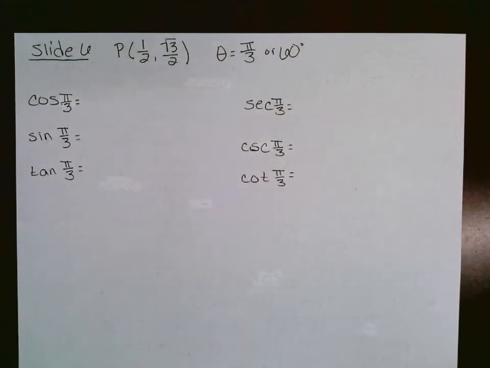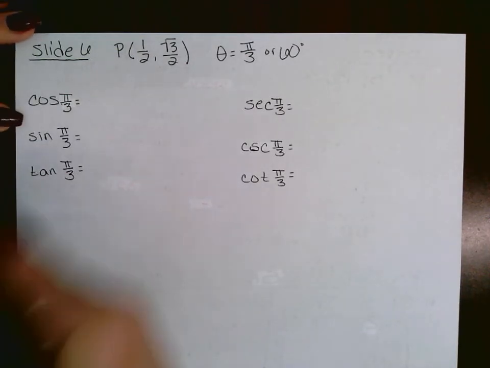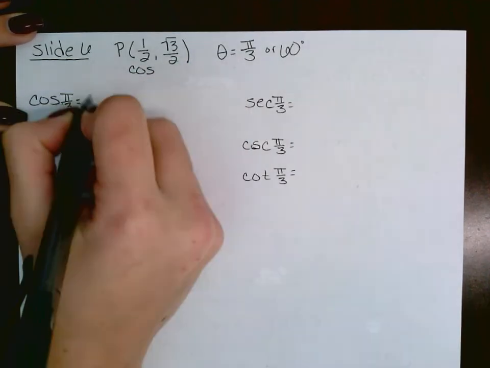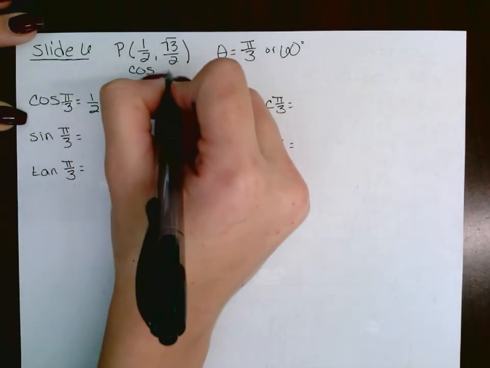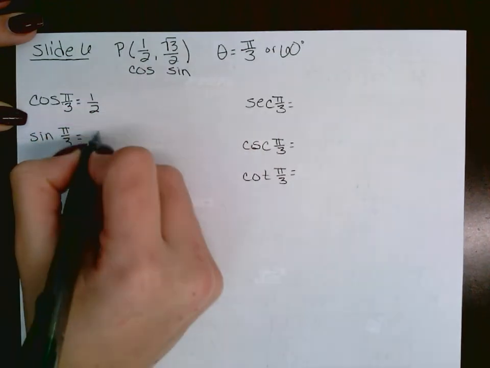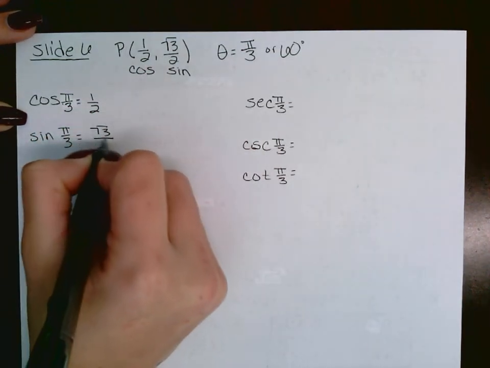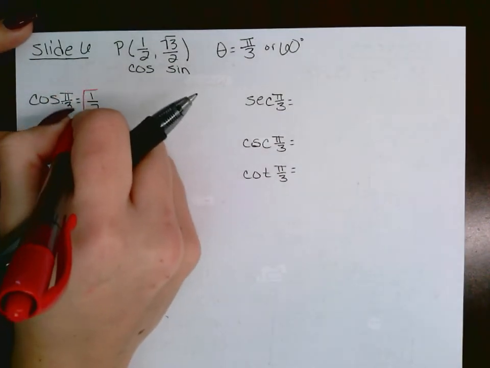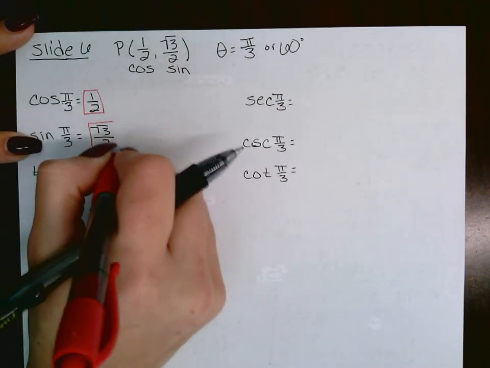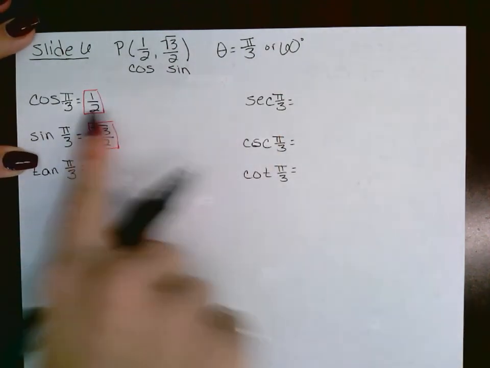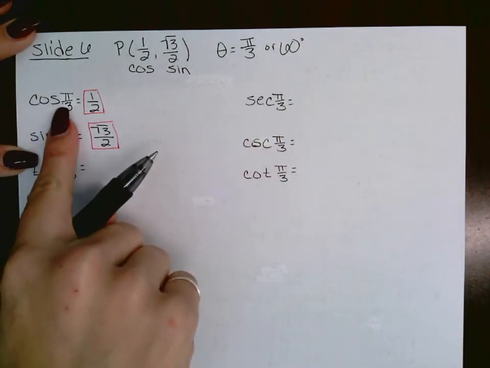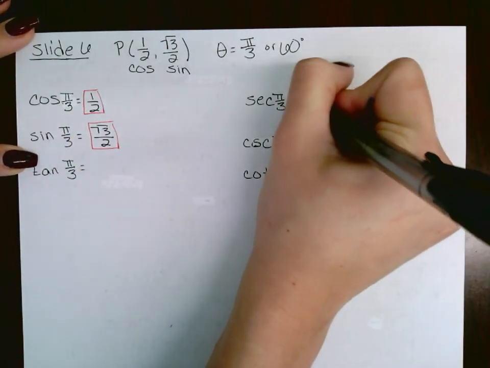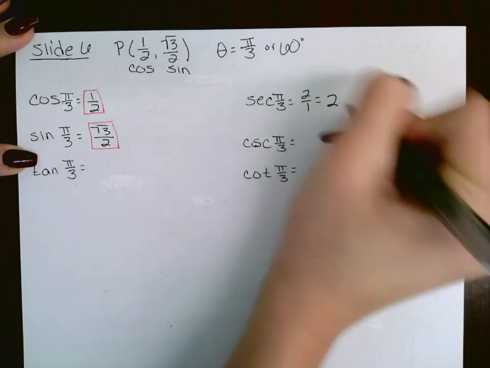All right. So hopefully you've had some time to try this on your own. Cosine is my x value. So cosine is 1/2. And sine is my y value, which is radical 3 over 2. Okay? Now, I wrote them next to each other according to who's their flip-flop, so I can go straight to saying that if cosine is 1 over 2, secant is flipping that, which is 2 over 1, which is just 2.